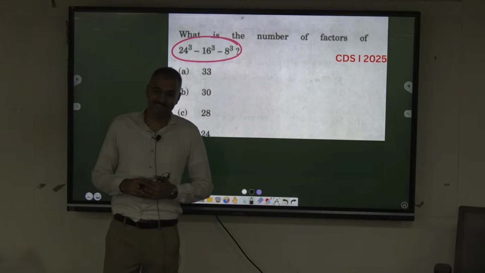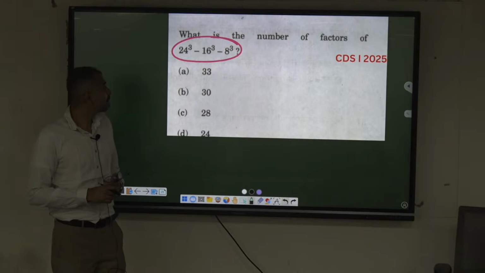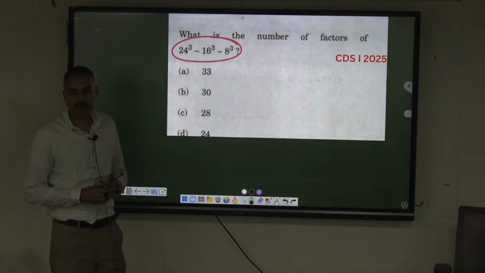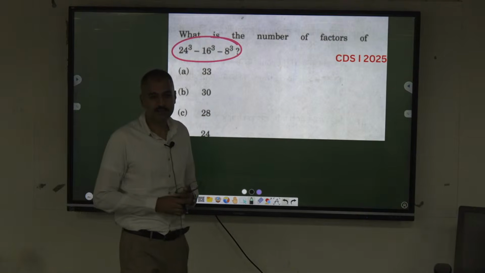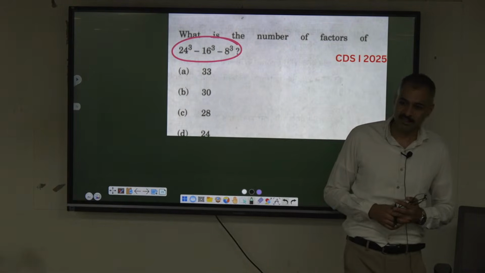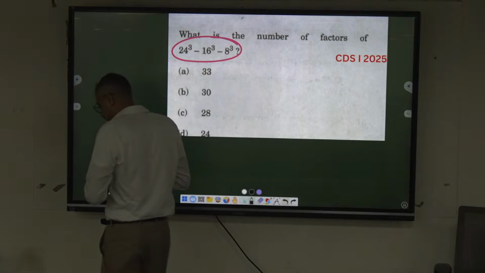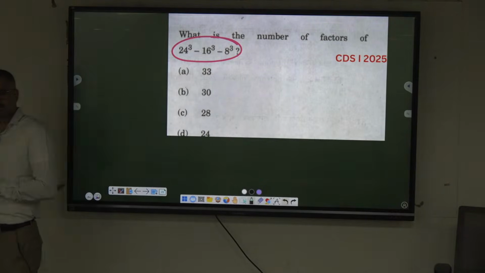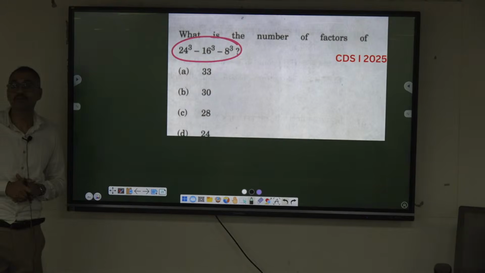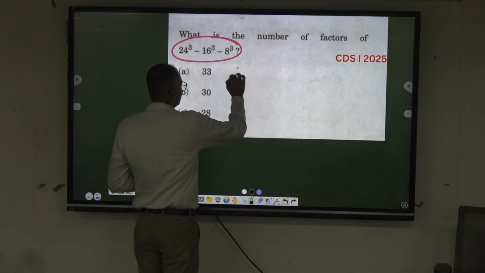What? 3 cube minus 2 cube minus 1. That's right. 8 cube into 16. No. What is it?